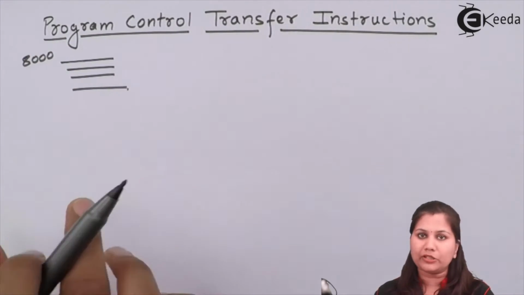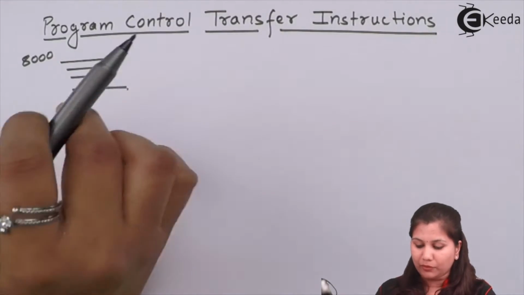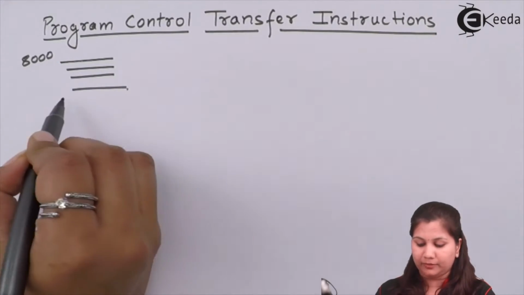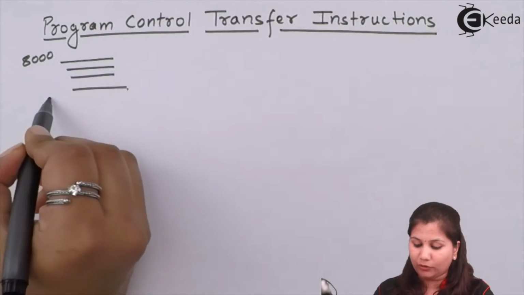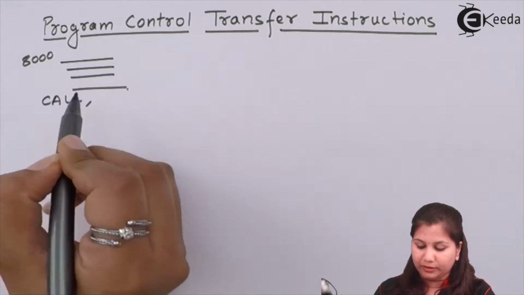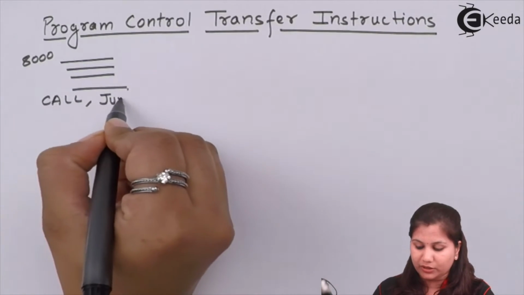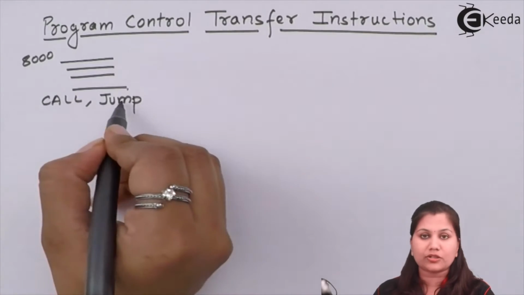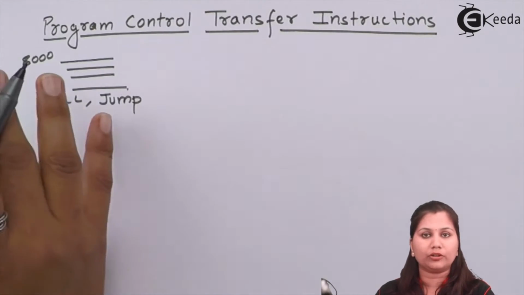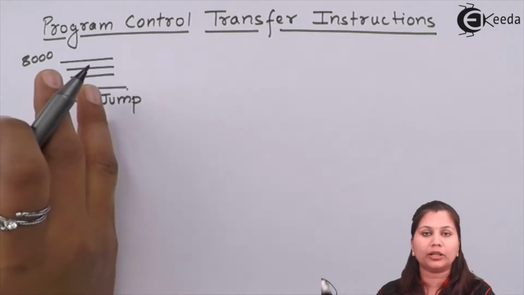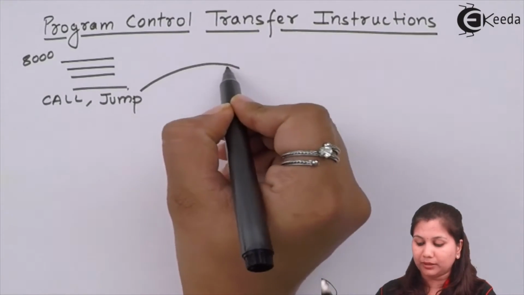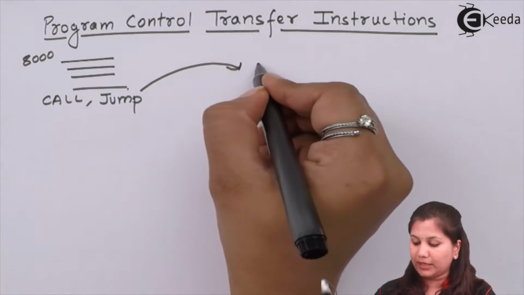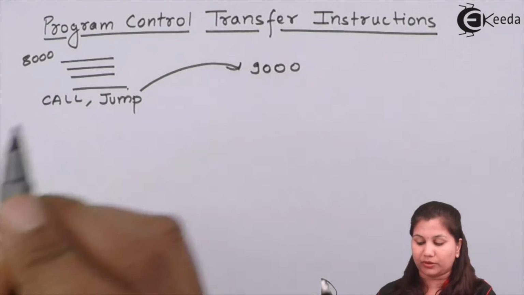Now in this main program, if any of the program control transfer instructions like call or jump is written, then these instructions are going to transfer the control of the program or the microprocessor from this memory location to some other memory location, suppose like 9000 memory location.